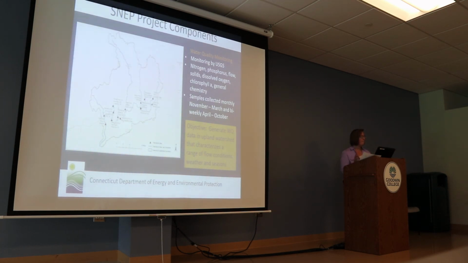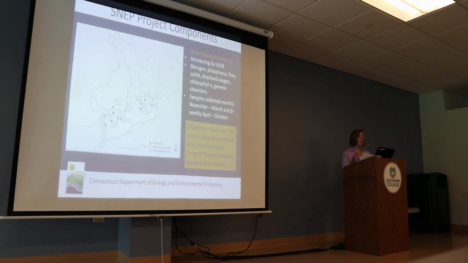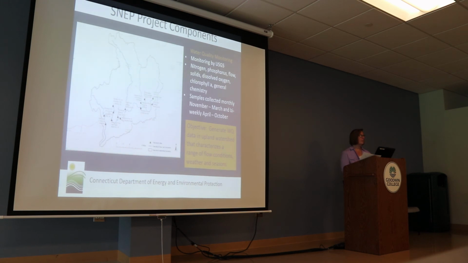They're doing monthly samples for all these different nutrient-related parameters, except for 6 months during the growing season. They're out every 2 weeks, and we have one station where we're doing continuous data collection throughout the whole period. So USGS is working with us to get the information that we're going to be able to identify sources and loading in the freshwater part. This is going to form the data set that will go into the HSPF model.